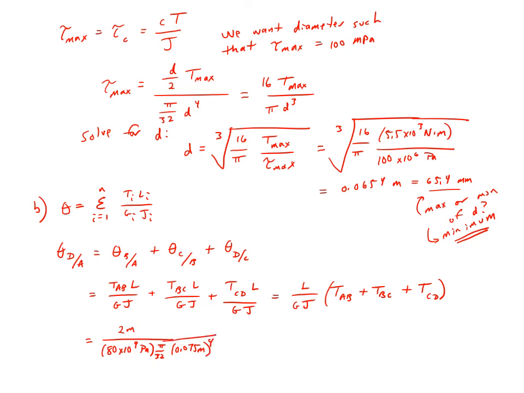All right, and we'll multiply that by negative 5.5 times 10 to the 3rd Newton meters, minus 2.5 times 10 to the 3rd, minus 1.0 times 10 to the 3rd. All of those are Newton meters.